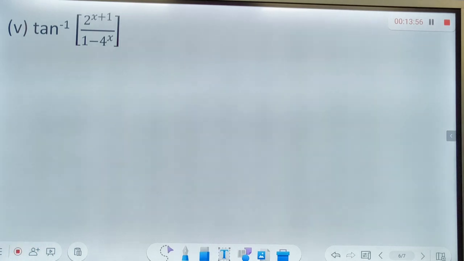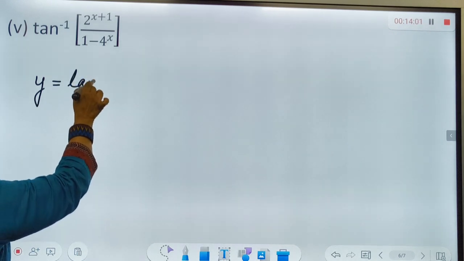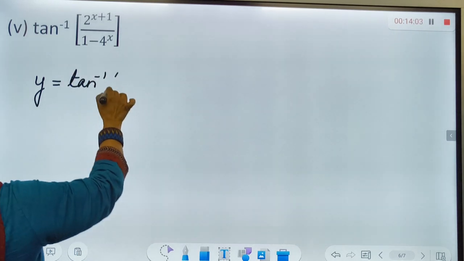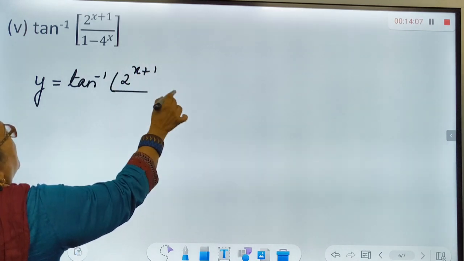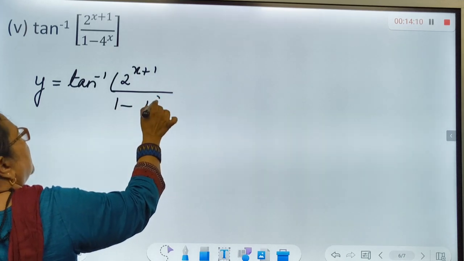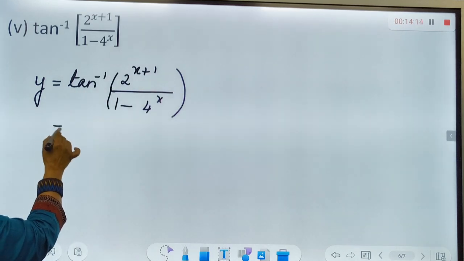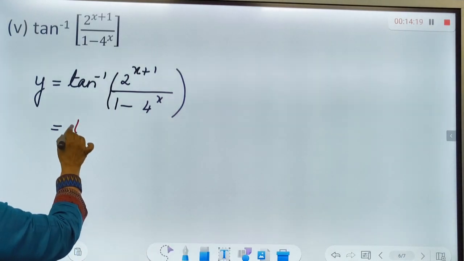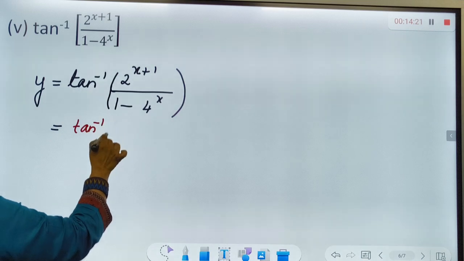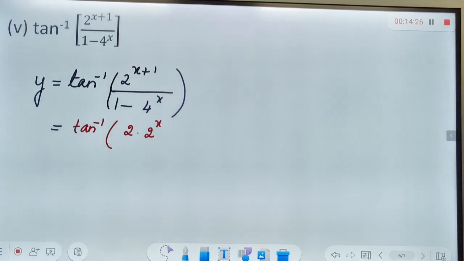Now look at this. y equal to tan inverse 2 power x plus 1 by 1 minus 4 power x. Now this I can write as tan inverse 2 into 2 power x, since 2 power x plus 1 is 2 into 2 power x.